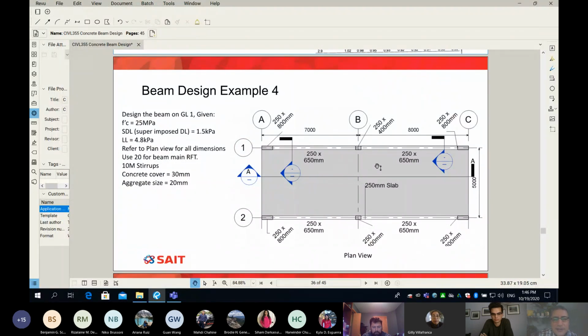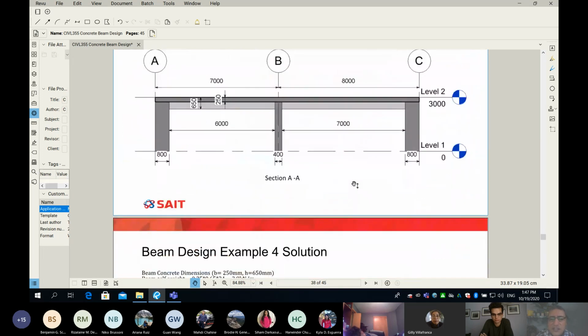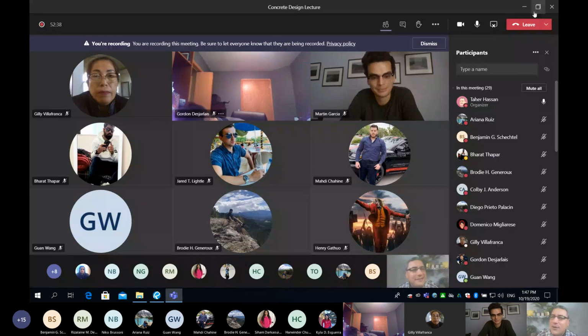By the way, assignment number 4 will be a copy, with some modification, of example number 4. You have a solved example of number 4 in detail here, and that's what you will have to do in assignment number 4. I already did it, let me check MS Teams.